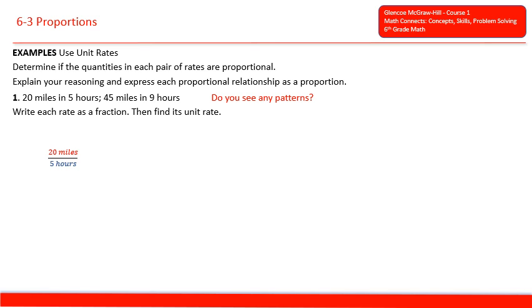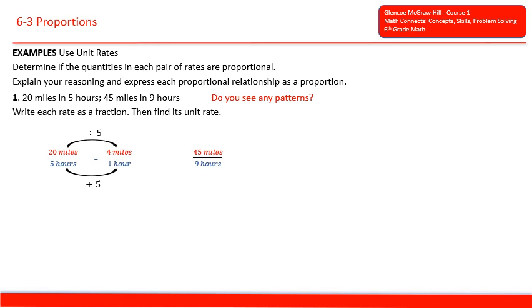So we have 20 miles in 5 hours. And we can divide 5 hours by 5 to get 1 hour, which is our unit rate. And then we have to divide the numerator by 5 as well. So we get 4 miles per hour.